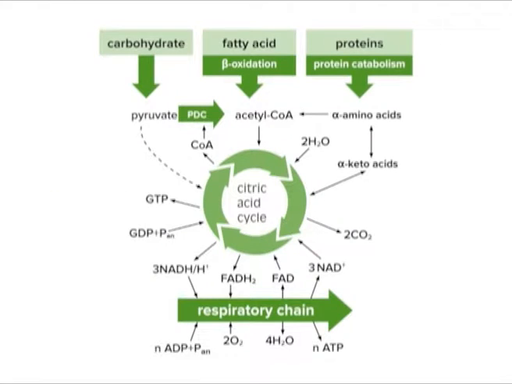While glycolysis and the citric acid cycle make the necessary precursors, the electron transport chain is where a majority of the ATP is created to suffice the need of energy to survive.